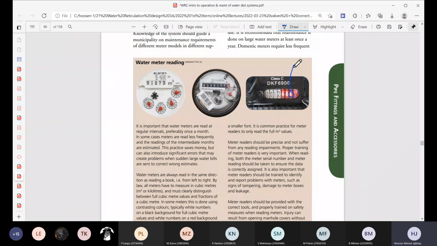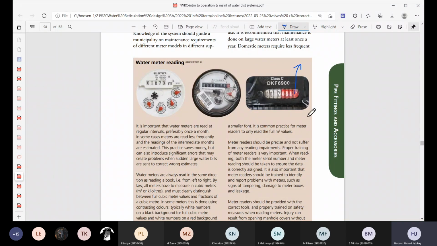Sorry, I got it wrong. Some of these measure to the nearest milliliter of water, the last digit here. It could be as accurate as that. So they could even pick up a teaspoon of water that you've used. That's how accurate some of these meters are.